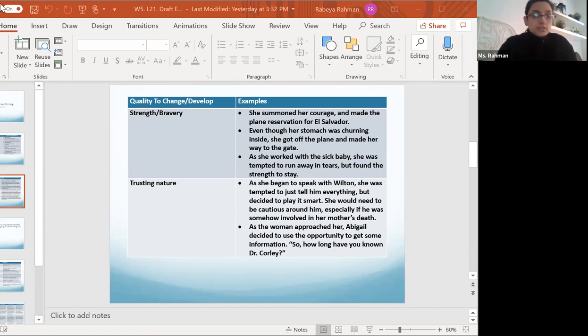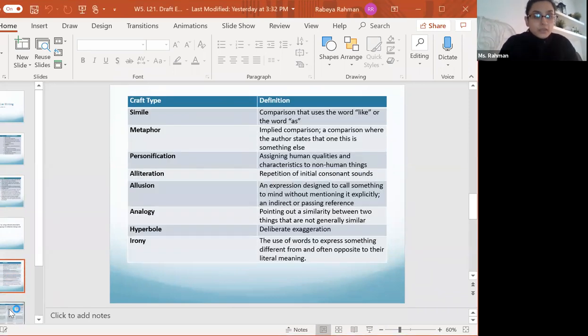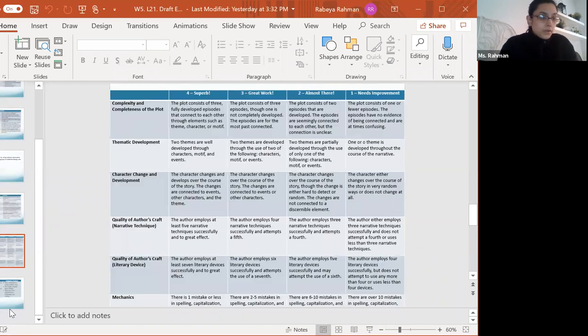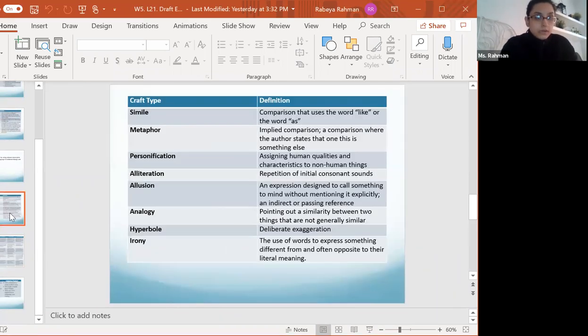We are going to have the chance to continue drafting. So I want everyone to take a look at the PowerPoint slide that I have over here. Earlier in the lesson, right, we thought about different examples of literary devices that we plan to include in our work.